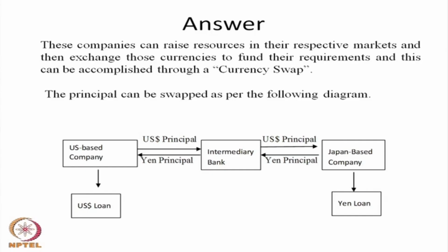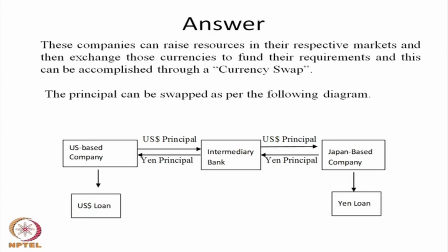After the maturity date, both companies re-exchange the principal again, that is yen will be paid by the US company, and dollar will be paid by the Japanese company. In this process, the currency swap transaction can take place.